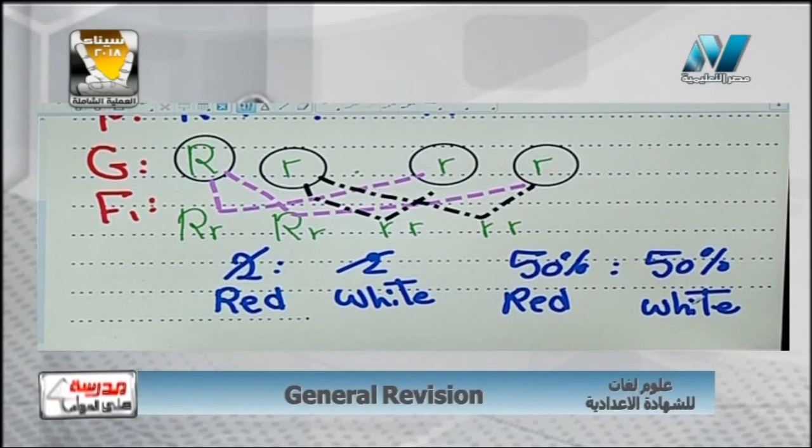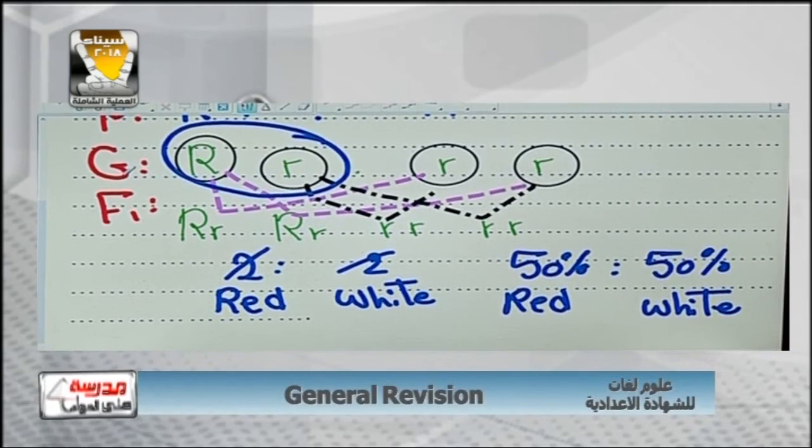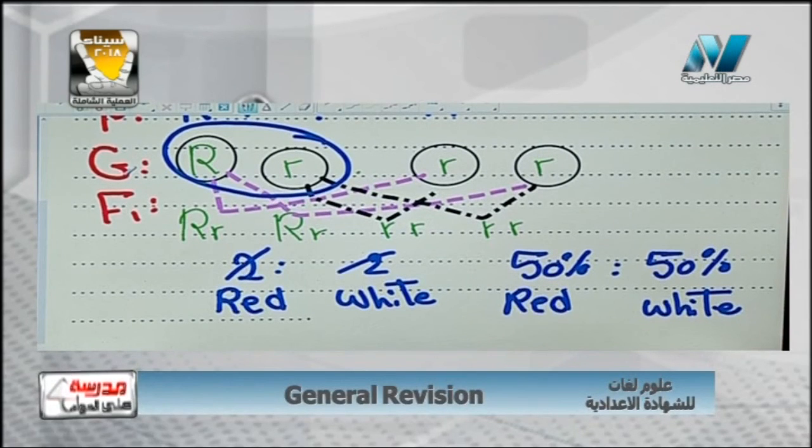This ratio is not like the first law and second law, because in Mendel's first law we have 2 pure individuals, and in Mendel's second law also. Here one of them is not pure, so we have another issue. Okay, we should remember the definitions of the law of segregation as the first law of Mendel, and the second law of Mendel as the law of independent assortment.